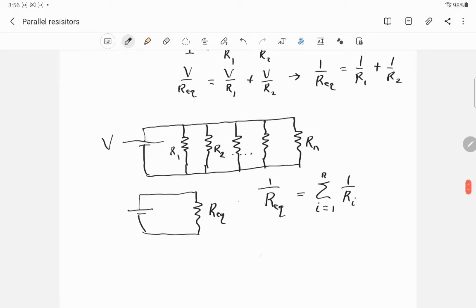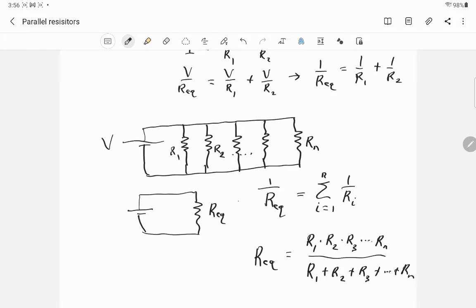Something that you can actually do is prove that this is algebraically the same as the product of all N resistances divided by the sum of all N resistances. So you can do it either way.